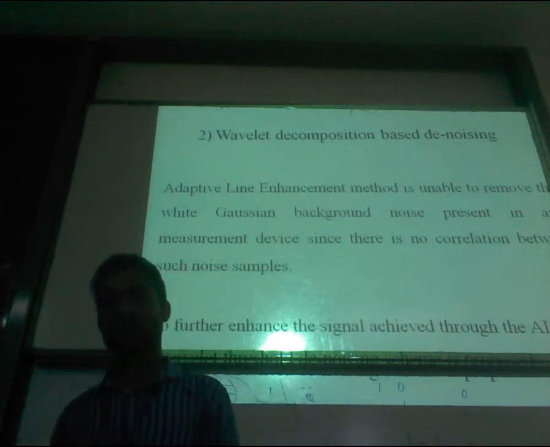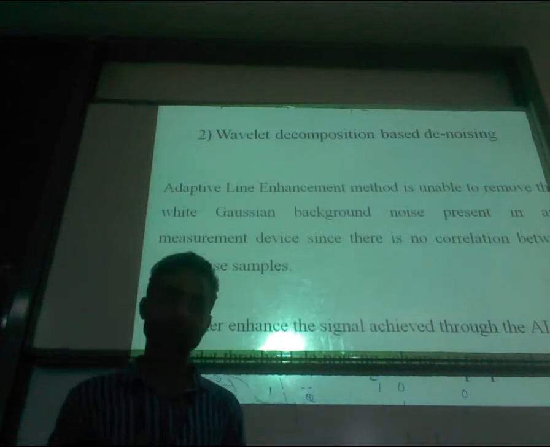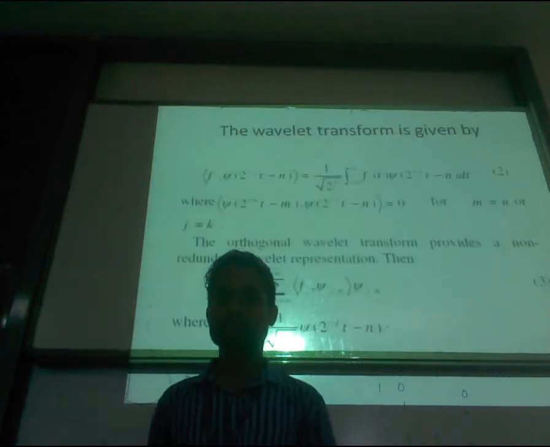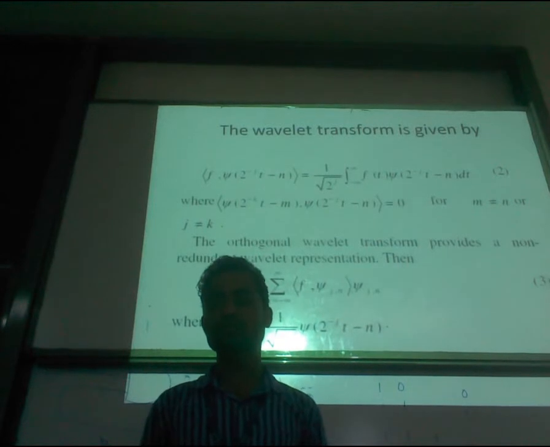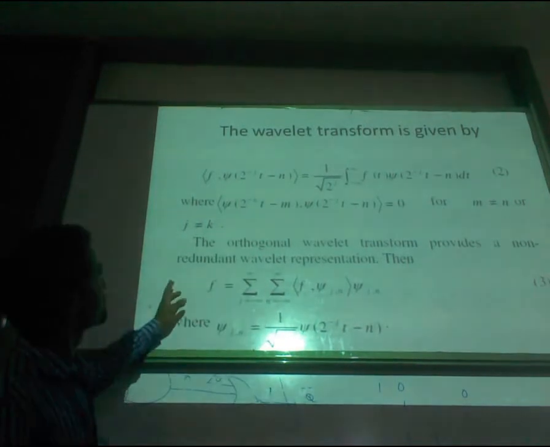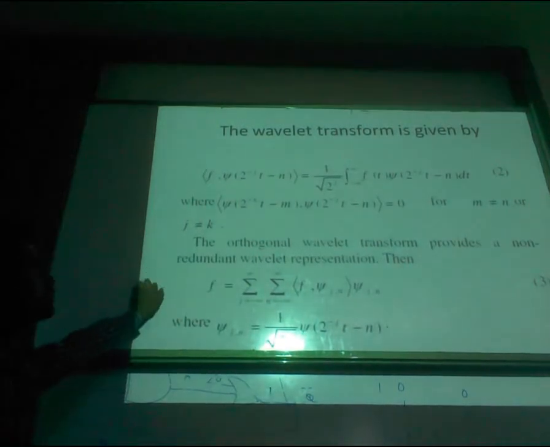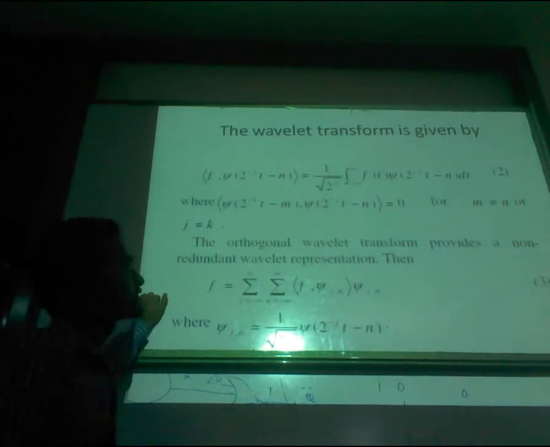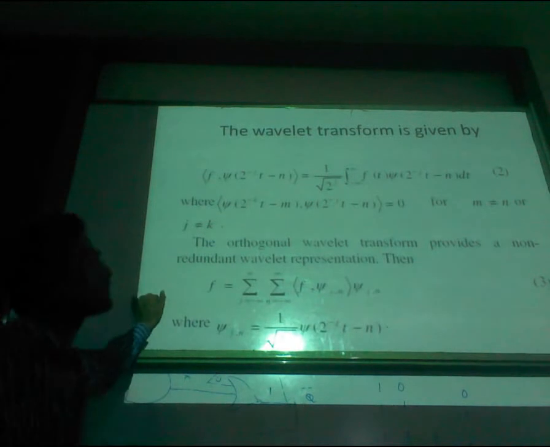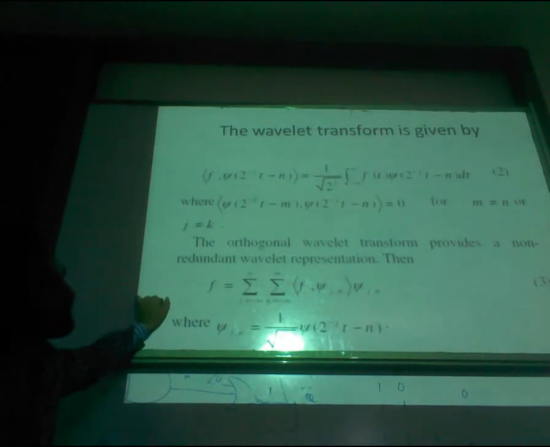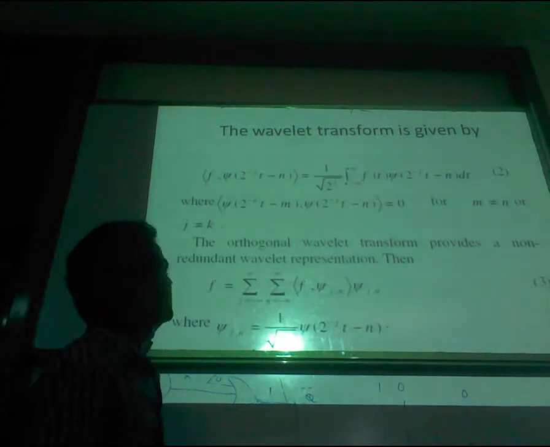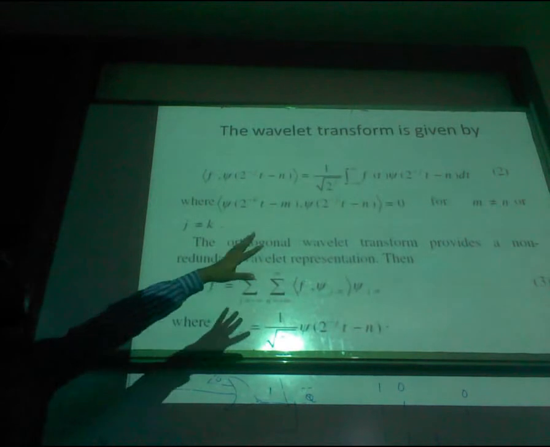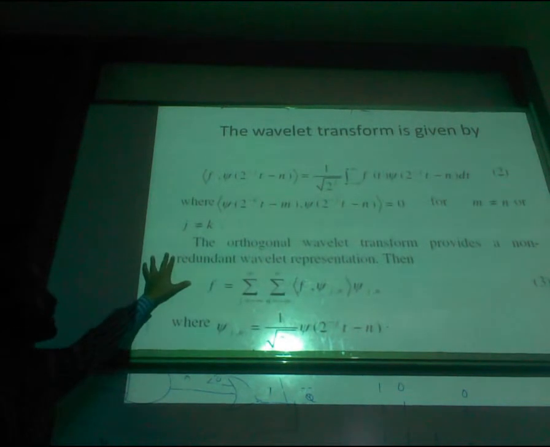A wavelet threshold denoising scheme is proposed. The wavelet transformation is given by this equation: f of psi of 2 to the power minus j t minus n is equal to 1 by root 2 to the power j, integration from minus infinity to infinity of f of t psi of 2 to the power j t minus n dt, where m is not equal to n or j is not equal to k.